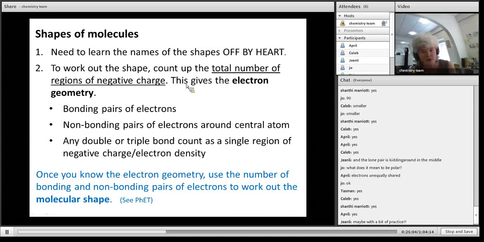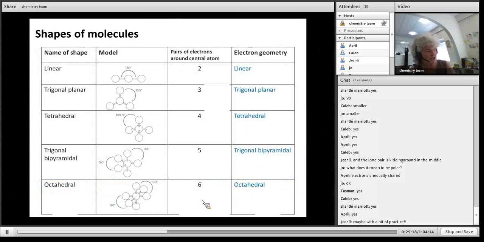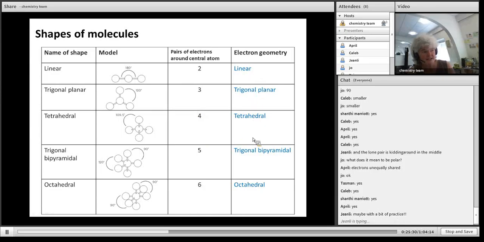And once you've got the bond angle, you can go on to the shape, because you can then say it's got so many non-bonding, so many bonding, so it's this molecular shape. Okay. And so these are the 5 basic shapes. These are the number of pairs of electrons around the central atom. And those are the names of the shapes: linear, trigonal planar, tetrahedral.